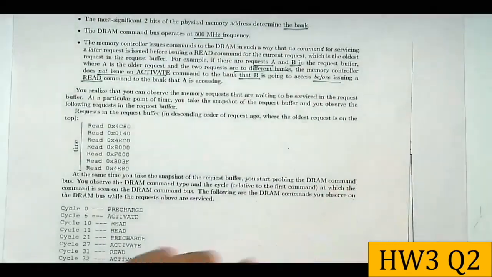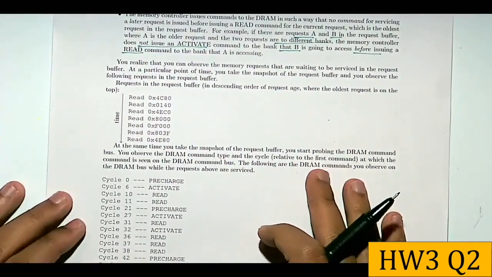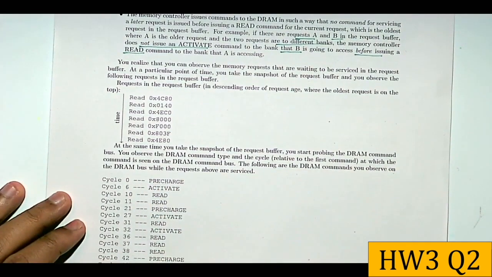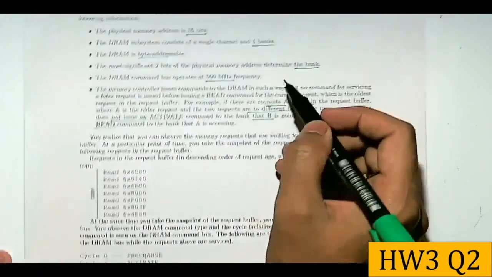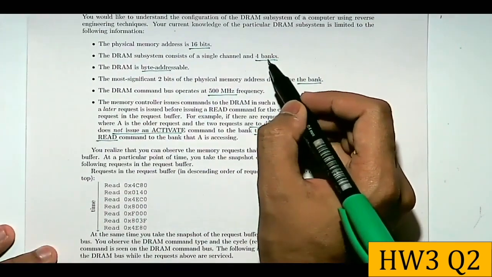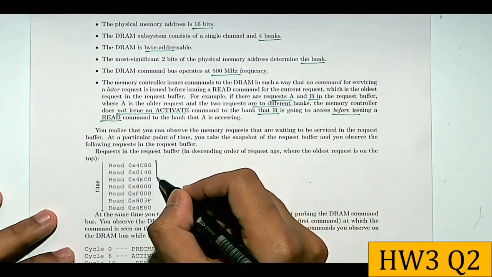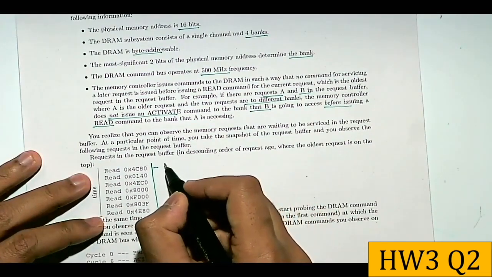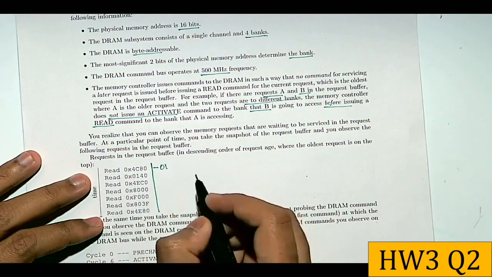Before answering any questions like this, let's first decode the information we currently have. We know how to get the bank information from these addresses. So let's get the bank numbers first, okay? This one goes to bank 0100, so that means bank 01.